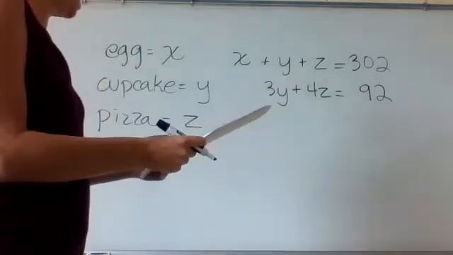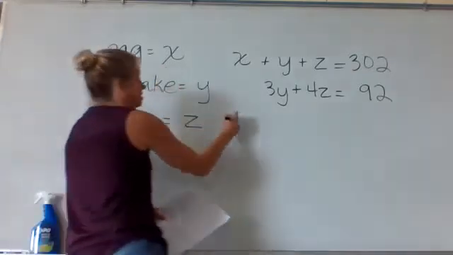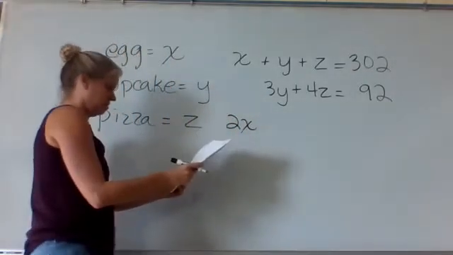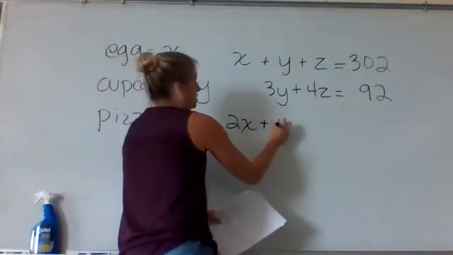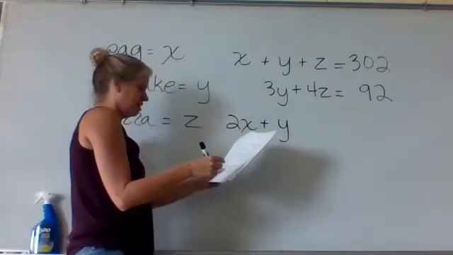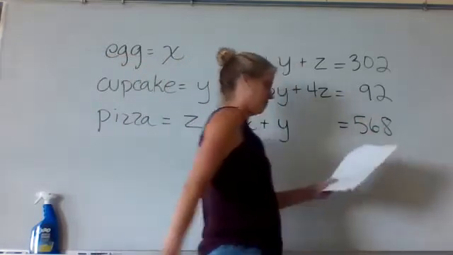And the last sentence says if you ate 2 eggs, which would be 2 of the X's, 1 cupcake, so 1 of the Y's, no pizza, you would eat 568 milligrams of cholesterol.